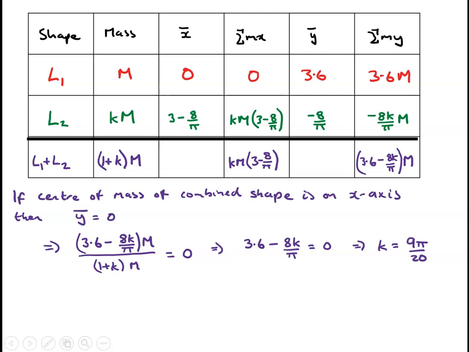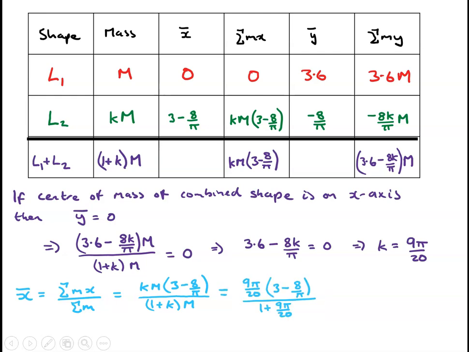We can now find x bar. We know that x bar is the sum of the mx's for the whole shape divided by the mass of the whole shape. So that is km times (3 minus 8 over pi) divided by (1 plus k) times m. But we know now that k is 9 pi over 20.